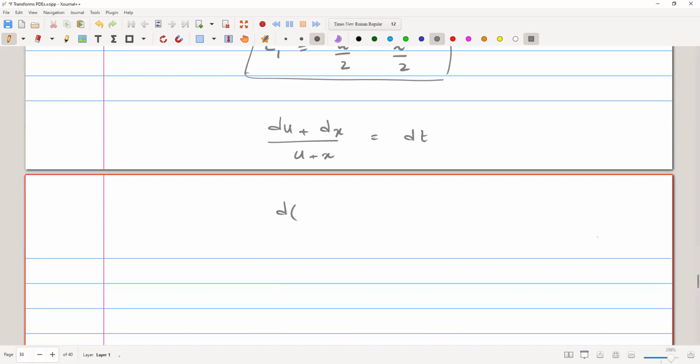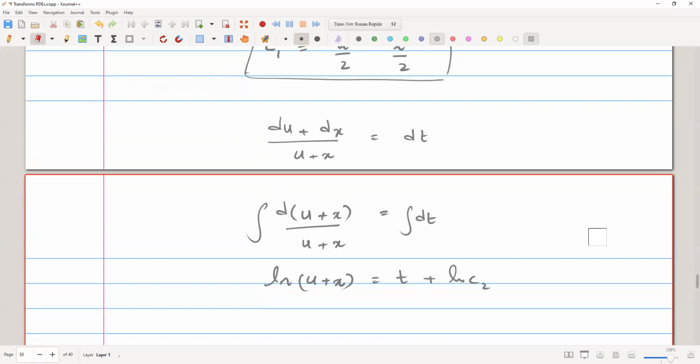Therefore, we can write d of u plus x over u plus x equals dt, and we can simply integrate these. So here we will get ln of u plus x, because the derivative of the denominator is in the numerator, and then here we have t plus ln c2, or we can write minus ln c2 for our ease, because we will move it to the left side.